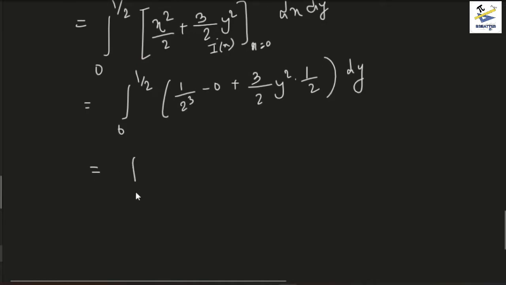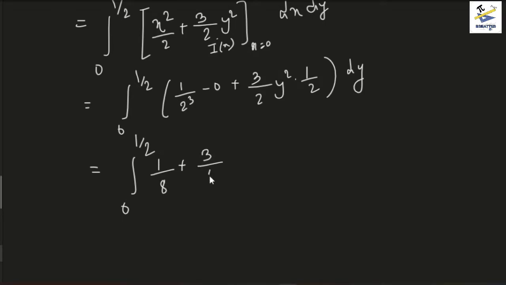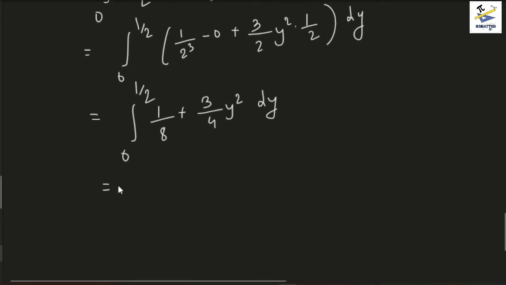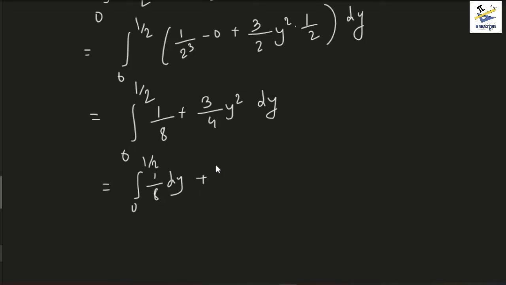Now this means it's 0 to 1 by 2, 1 by 8 plus 3 by 4 y squared dy. Therefore it becomes 0 to 1 by 2, 1 by 8 dy plus 0 to 1 by 2, 3 by 4 y squared dy.